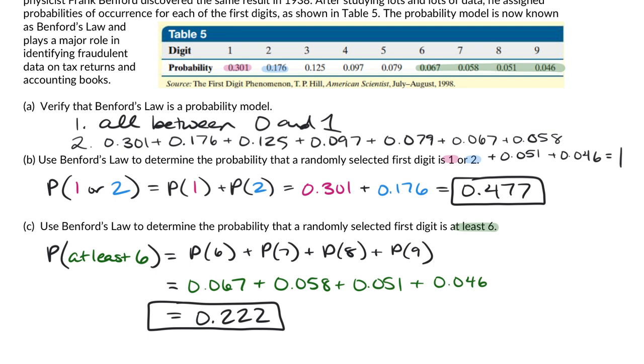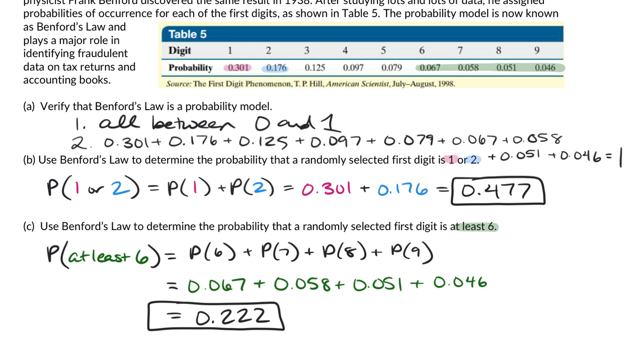I guess I should say 6 or larger. So again, this is for disjoint events, events that don't have any overlap if we were making them into a Venn diagram.